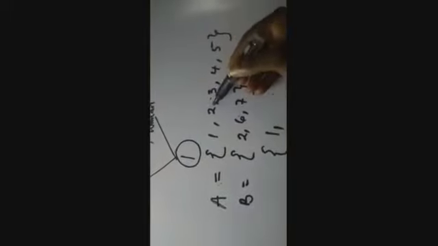We can find 2 in set A, and we can find 2 in set B as well. But since there's a 2 in either of the two sets, we bring 2 down. We can find 3 as well, 4, 5, 6, and 7.